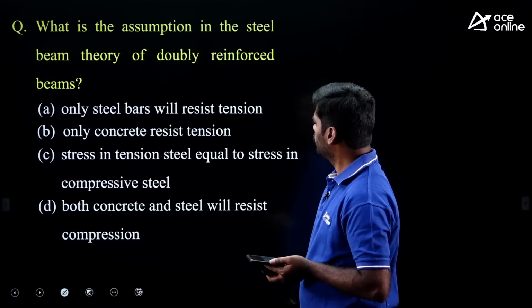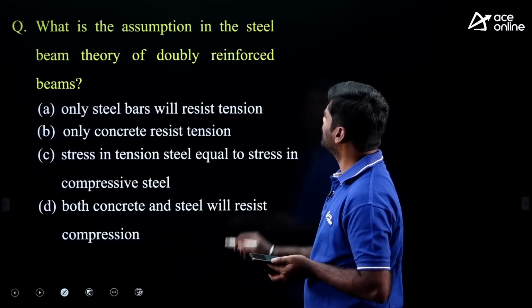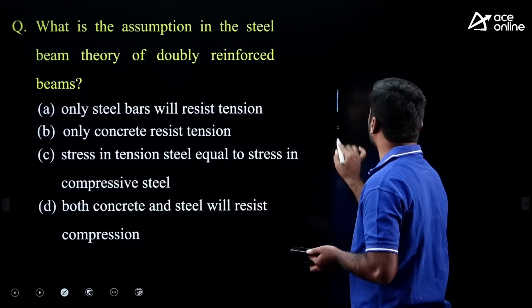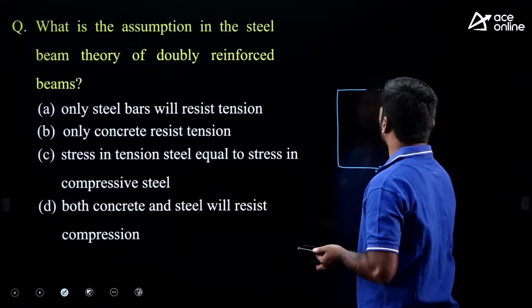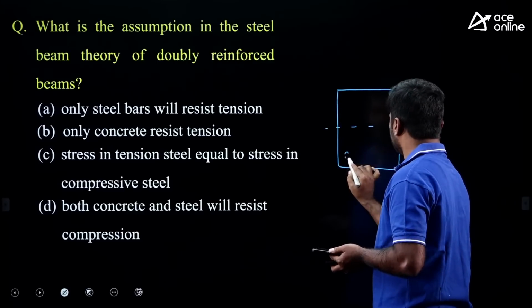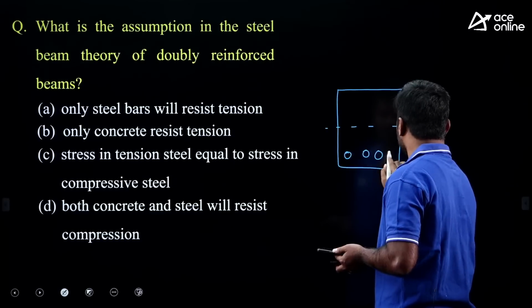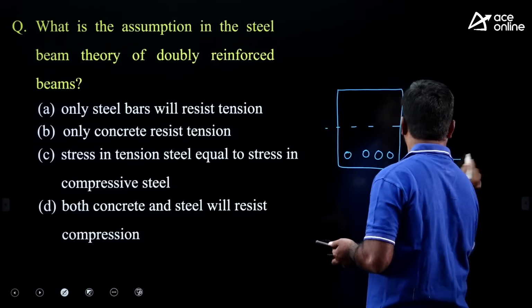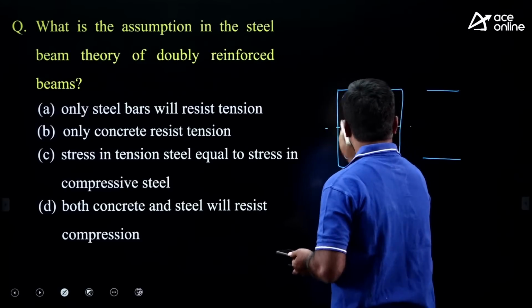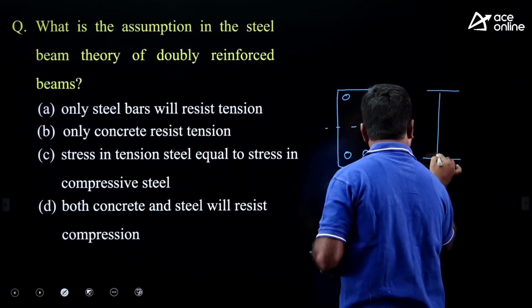What is the assumption in steel beam theory? First of all, not all doubly reinforced beams, but a few doubly reinforced beams behave like steel beams. That means the tension steel acts like a flange, the compression steel acts like a flange, and the concrete in between acts like a web.